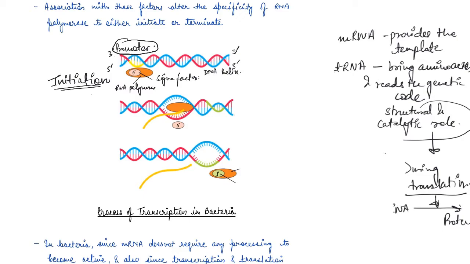So it facilitates opening of the helix and continues elongation. It opens the helix and only a short stretch of RNA remains bound to the enzyme. Once the polymerase reaches the terminator region, the nascent RNA falls off, and along with that, the RNA polymerase also falls off. That process is known as termination.